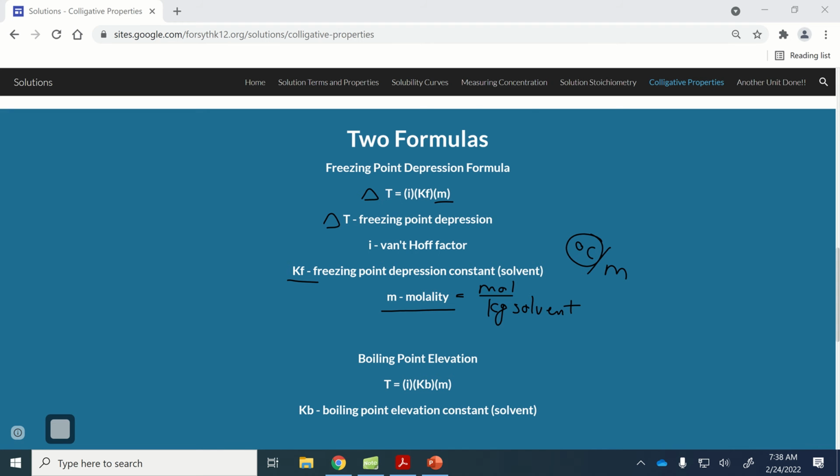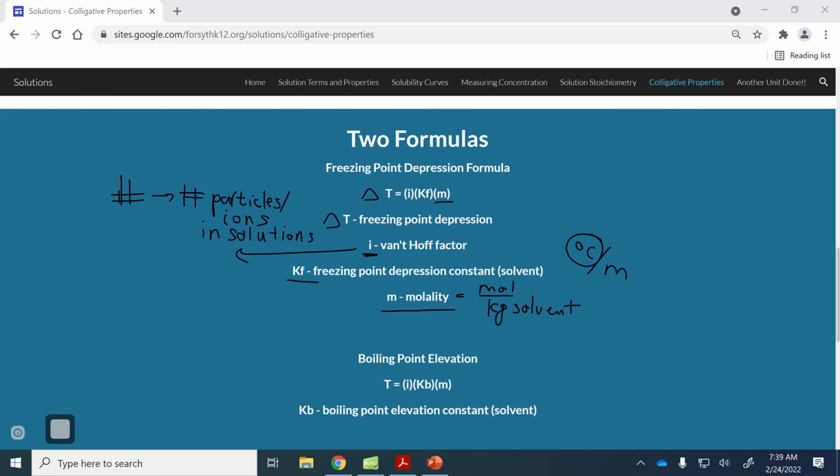But then we have what's called the Van't Hoff factor, which is this little i. Let me explain this one. This is basically just a whole number. The Van't Hoff factor i is telling you the number of particles/ions in solution.